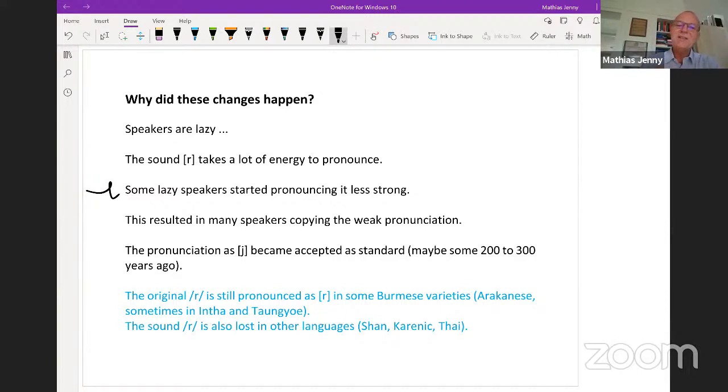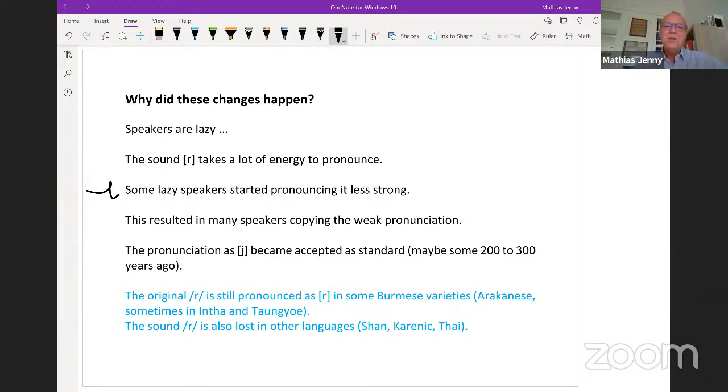Not in Arakanese, and it's sometimes still retained in Inta and Taungyu varieties of Burmese, the ra sound. But in Inta, it's being lost very quickly these days. So this is a change that started with people being lazy, not pronouncing correctly, and then the change becomes standardized. It becomes a new standard.